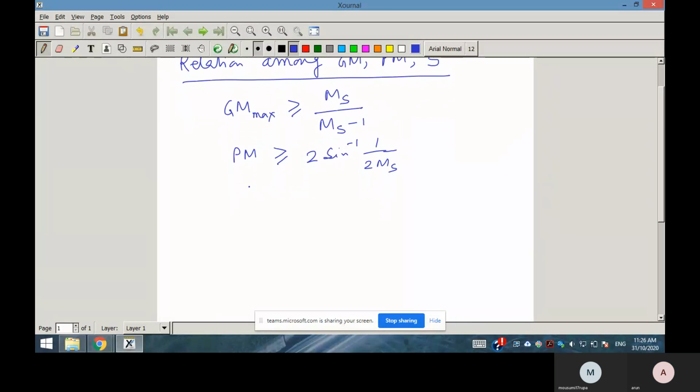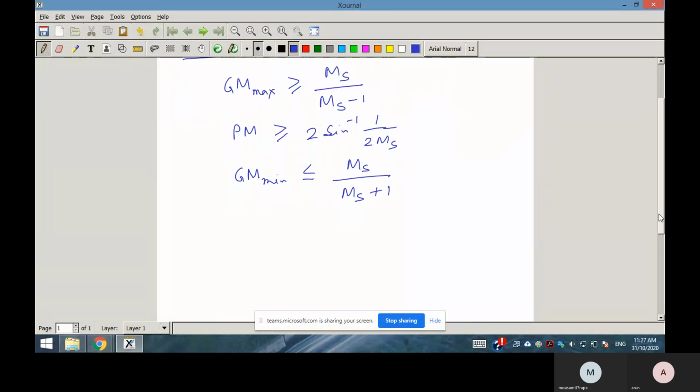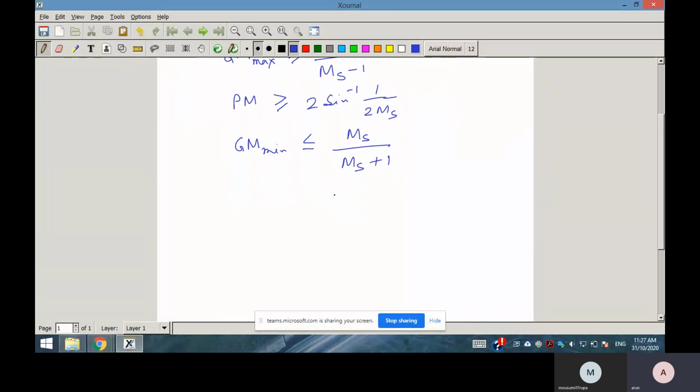Now the additional inequality is the lower side gain margin, GM min. You can prove that it is less than or equal to MS divided by MS plus 1. This you can also prove using a simple Nyquist diagram.